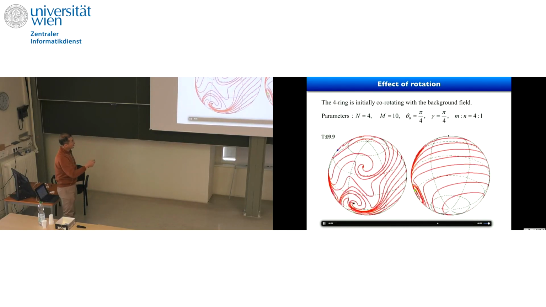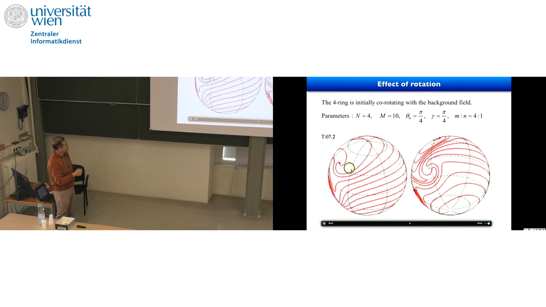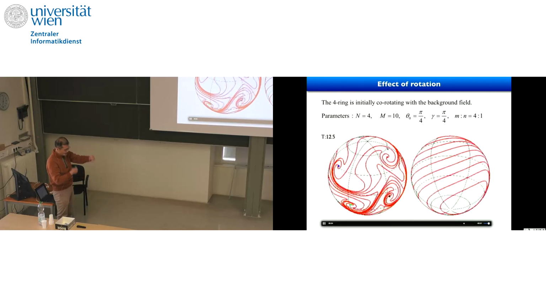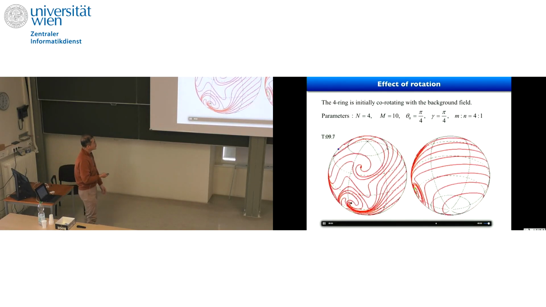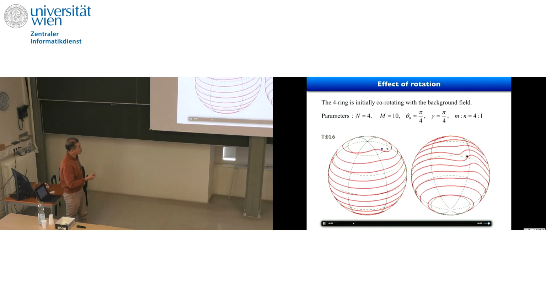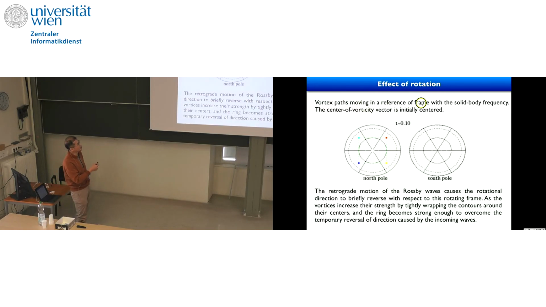By the coupling, as you can see, the background vorticity can roll up due to the effect of the point vortices. We are going to show how it happens in the evolution. We are going to see the vortex patch moving in a reference frame with the solid body rotation frequency. The center of vorticity vector is initially centered.